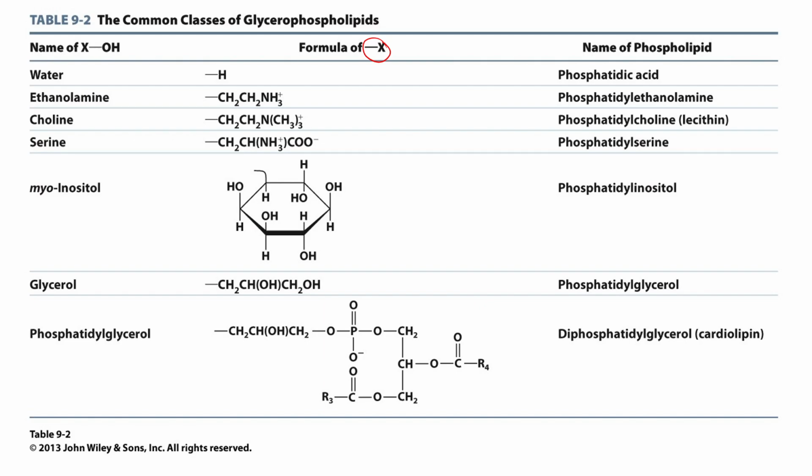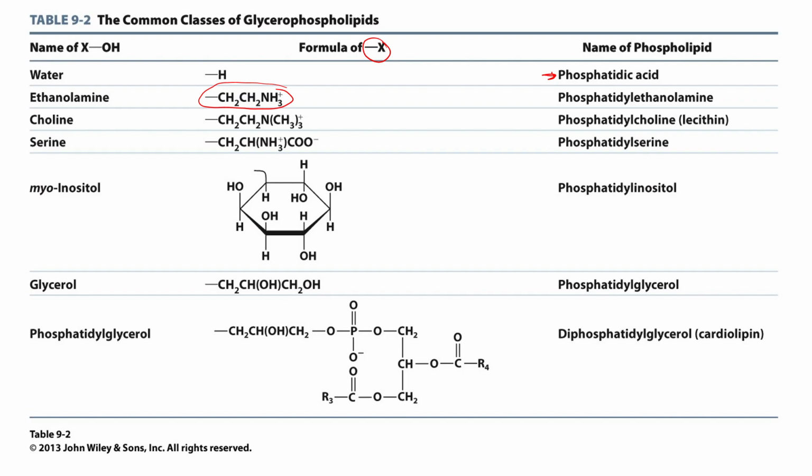So the simplest one is just if there is a water there or nothing, and this phospholipid would be called phosphatidic acid, and the other types of glycerophospholipids are named based off of this name. So if we have an ethanolamine there as that alcohol group, we would call this phosphatidyl ethanolamine. If we have choline there, it's phosphatidylcholine, etc. You can go down this list.